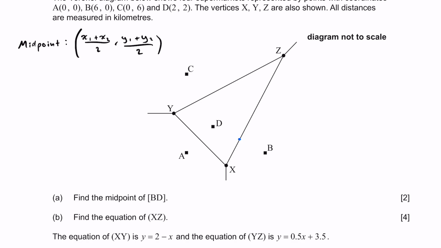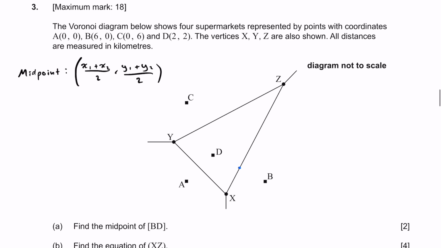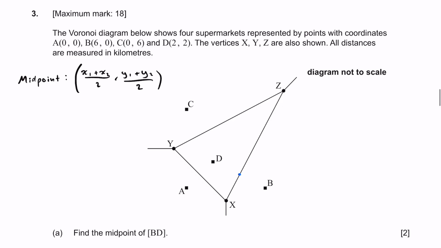Let's actually label these. D itself is (2, 2), and B was (6, 0). I'm going to call these x1 and y1 respectively. Sometimes that helps keep track of things.